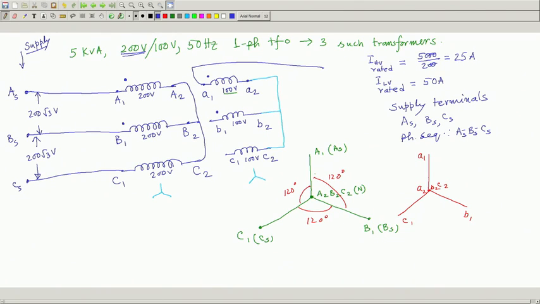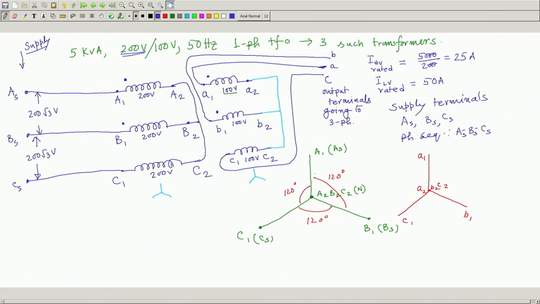If you bring them out in this way, these will be the output terminals, and I will write here small a, output 3 phase terminal A, this one is B and this one is C. These are the output terminals going to 3 phase loads. So, it will be like this.